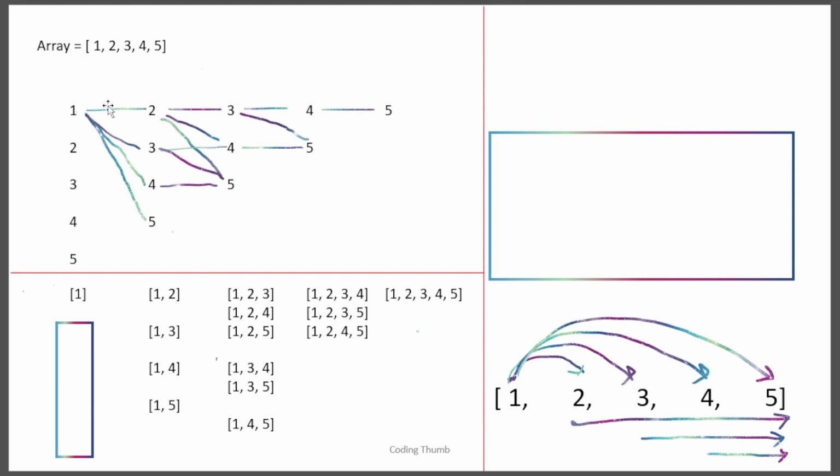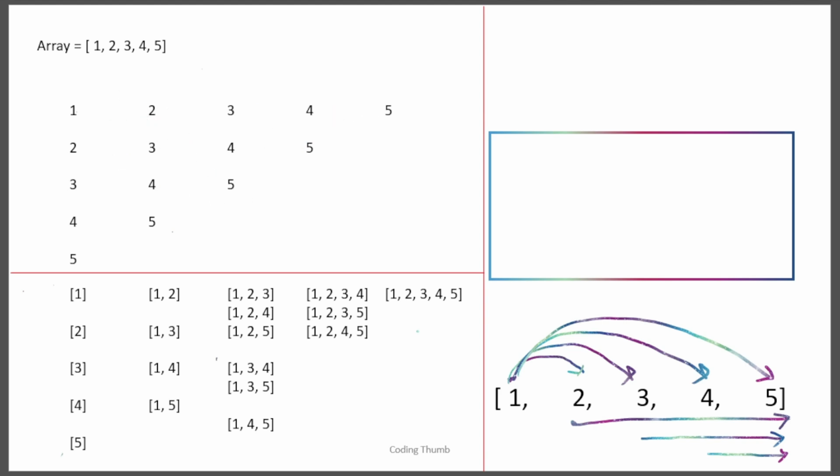So we can do all of these combinations: 1, 2; 1, 3; 1, 4; 1, 5; 1, 2, 3, 4, 5. And similarly, once we are done with 1, we can start from 2, and we can keep our iterations going. So we can do 2, 3; 2, 4; 2, 5. We will not go above, but we'll go to the next one only.